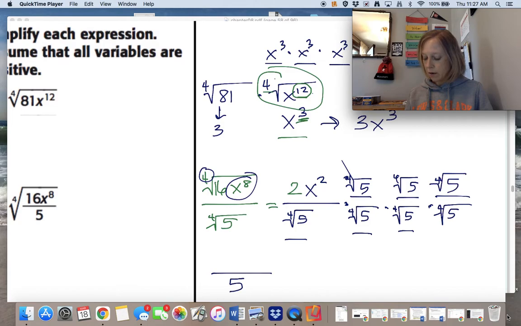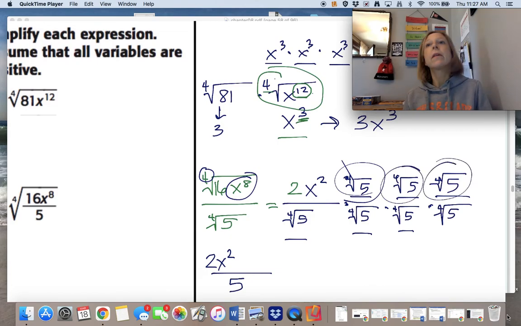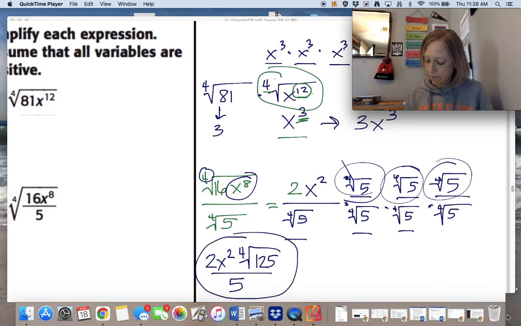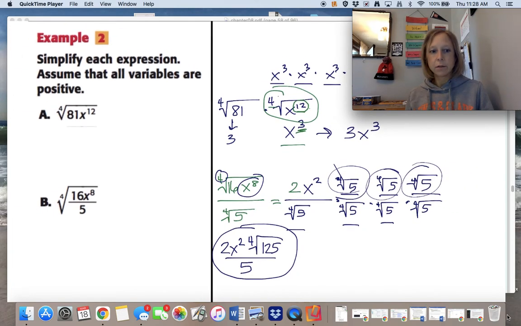My numerator, I have to multiply together 2x squared times these 3 fourth roots of 5. So 5 times 5 is 25. 25 times 5 is 125. So 125 goes underneath the radical, and I have my index stay the same. So this is now the simplified answer.